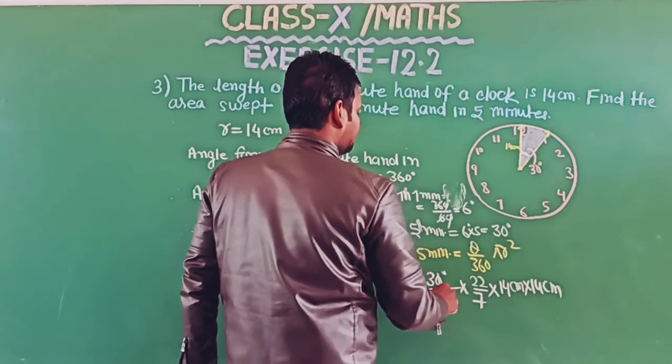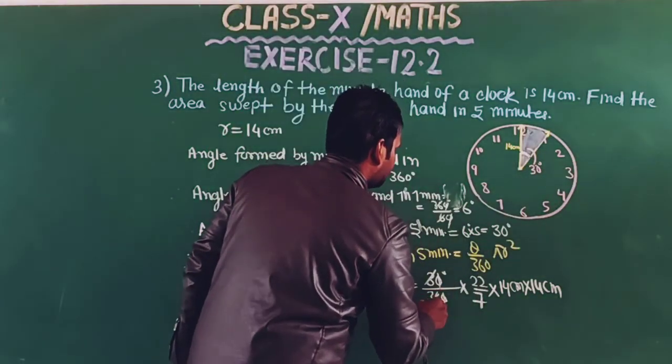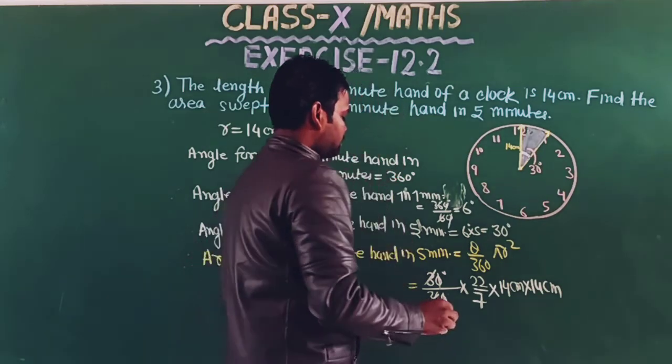So we can cancel 0 from numerator and denominator, and 3 times 12 is 36.